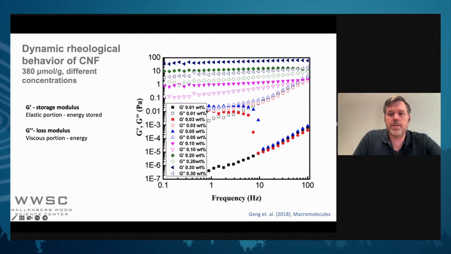If you go up a little bit, you get some sort of elastic storage modulus, and then that goes down to water when the frequency gets high enough for the oscillatory shear test. And then if you go over a certain limit, it still continues to behave. And actually, this one falls down over here, but it shows that there is some switching. It's elastic in some regions, and it's not elastic in others.